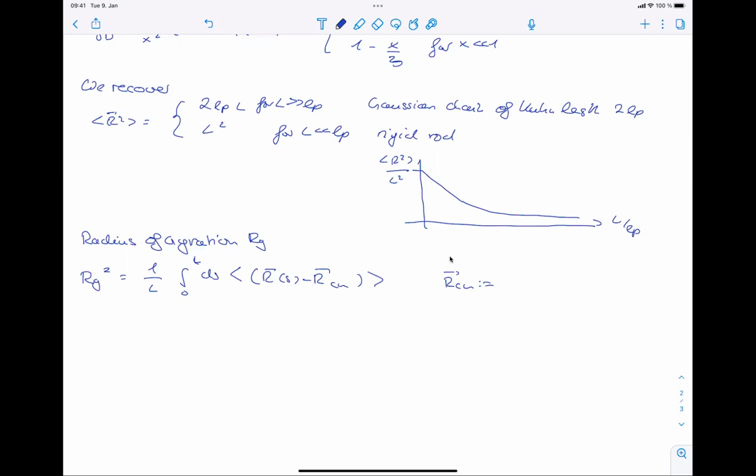Really to know how big the sphere is, the volume that is enclosing the polymer, this is much better represented by the radius of gyration, which is telling me what is the statistical distance to the center of mass of my polymer.